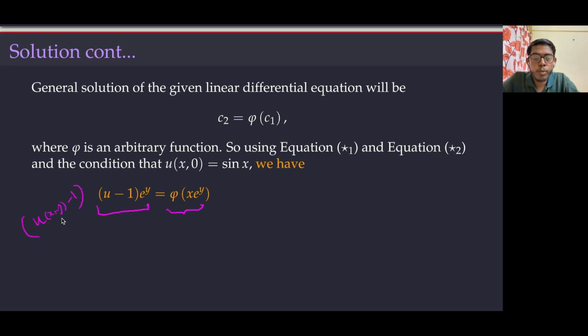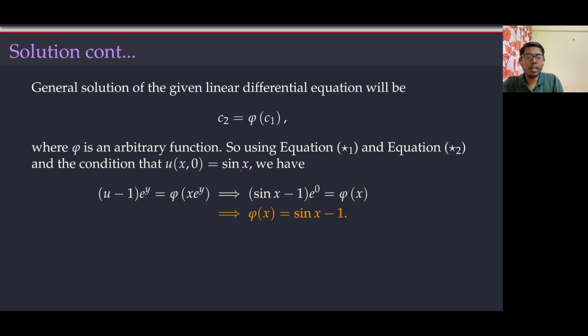If I put y equals 0, I get (sin x minus 1) e to the power 0 equals phi of x, because e to the power 0 is 1. Therefore phi of x equals sin x minus 1. So now c2 equals phi of c1, which is sin of c1 minus 1.